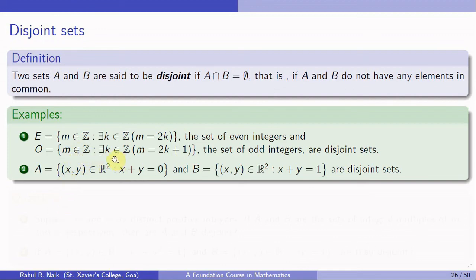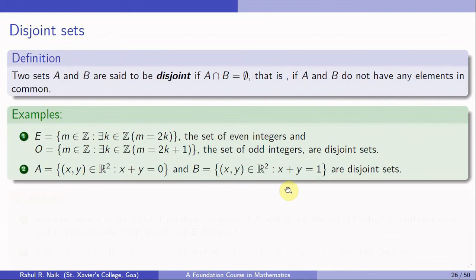Again, this is the set of all x comma y in R2 such that x plus y is equal to 0, and this is the set of all x comma y in R2 such that x plus y is equal to 1. Both these sets denote the points lying on a line, this one passing through the origin, and this one not passing through the origin, and they are disjoint. In fact, you can prove this.